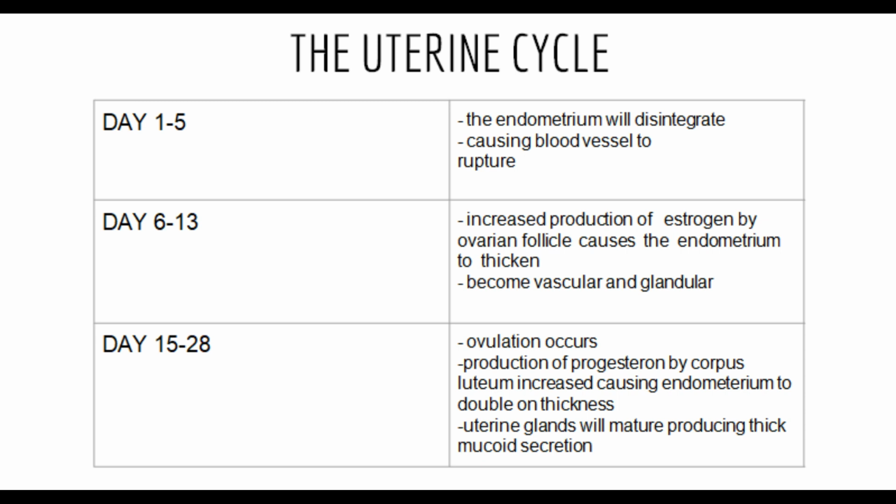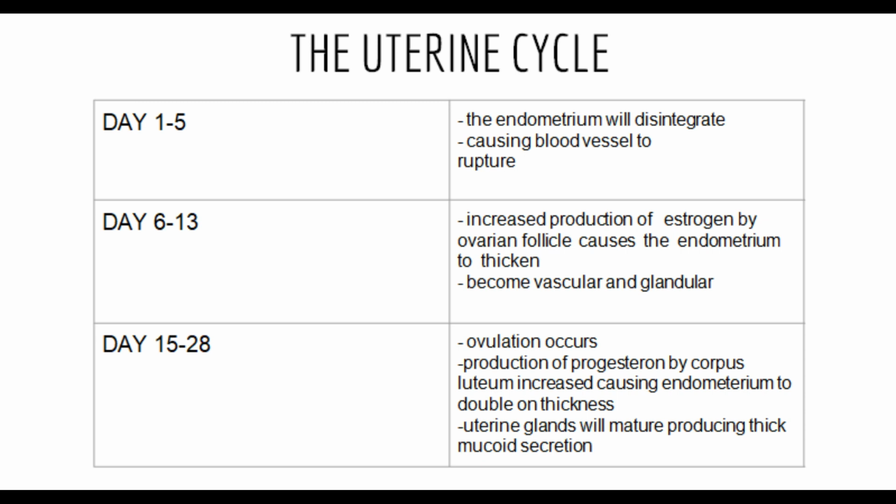The main event here is the production of progesterone by the corpus luteum, which increases, causing the endometrium to double in thickness. During day 15 until 28, the thickness will double. Also, the uterine glands will mature and produce thick mucoid secretion.